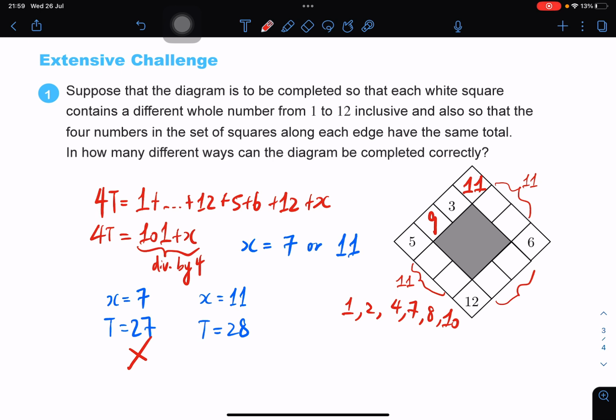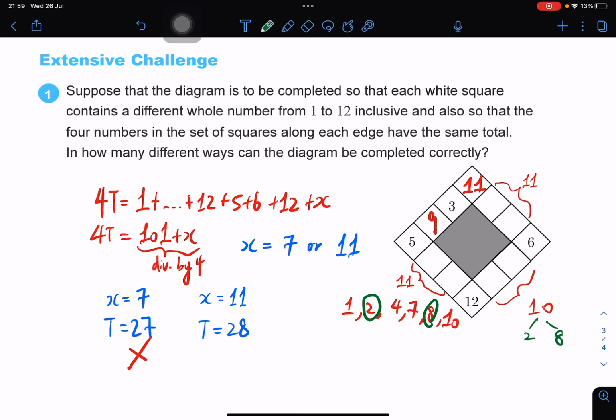So we need 10 more in these 2 boxes. So, how can you find the 10 in these 6 numbers? Well, it's pretty obvious that the only number bond of 10 is going to be 2 and 8, right? Which means that 2 and 8 are going to be in some order in these 2 boxes.